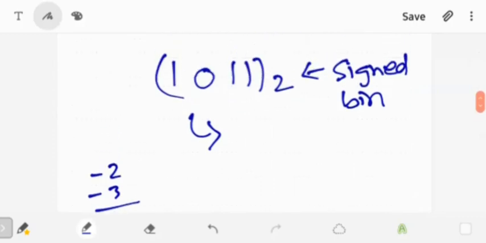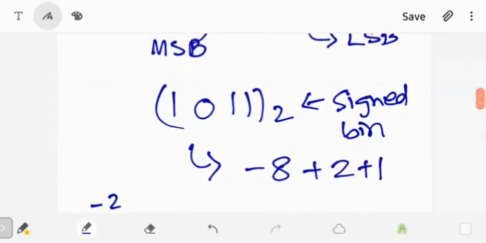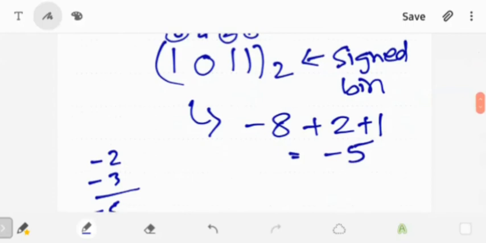So if it is signed bit representation, the answer will be -8 plus 2 plus 1. This is -8, this is 4 2 1. So 4 is not there, this is there, this is there. Add them and you get -5.